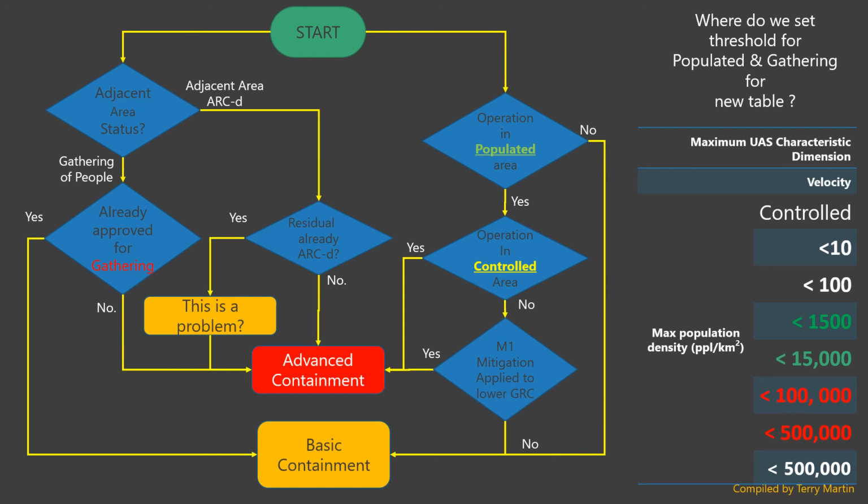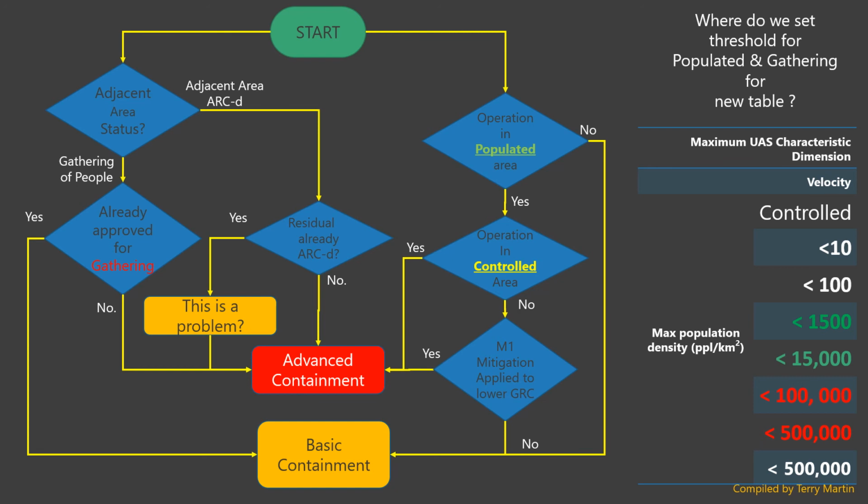Now, I've compiled, for convenience and to help people's understanding of what's in the legalistic text within the SORA, a basic flow diagram, and it's all about whether the area next to you is a gathering or whether or not you're already in a populated area.